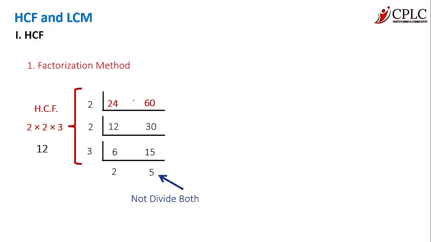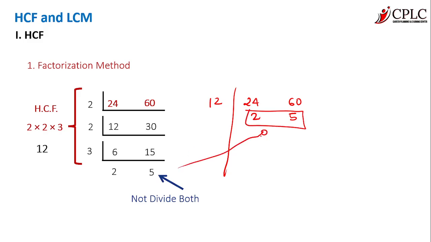Now see here, if your numbers are good, the advantage is, if you know tables, you can straight away say that both numbers are divisible by 12: 12 twos are 24 and 12 fives are 60, and you would have reached here directly, and this entire time can be saved for you.